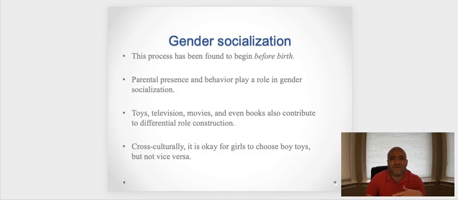Now, the process of gender socialization begins before we are born. So while you are still in your mother's womb, you are being gender socialized. The way that happens is that now women are able to find out the sex of their baby before the baby is born through ultrasound.